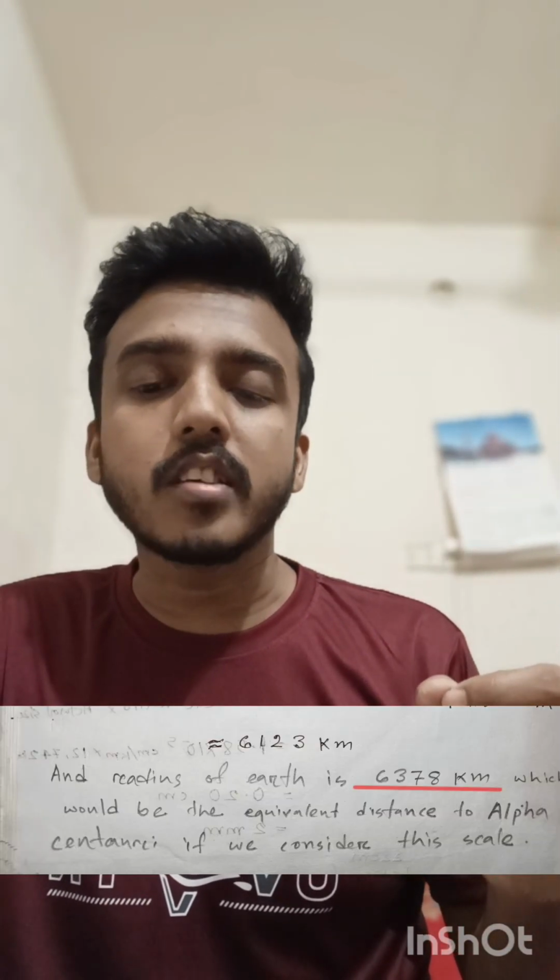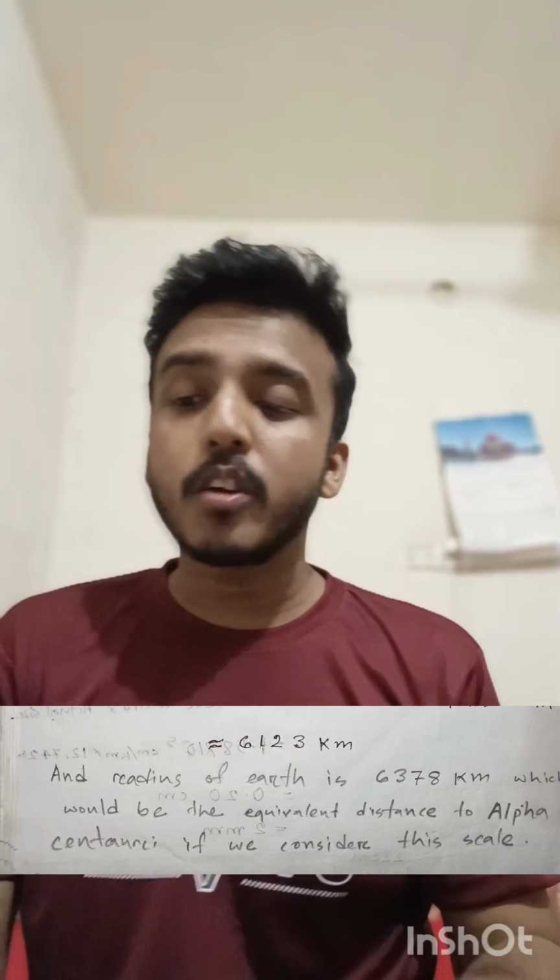The radius of Earth is 6,378 kilometer. So that is how far the closest solar system is from us.